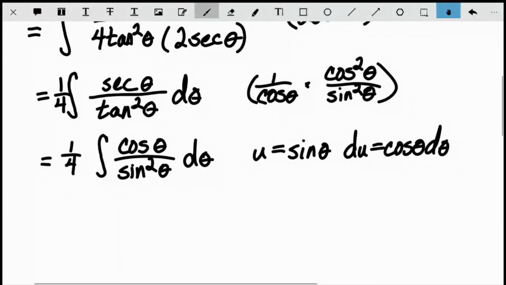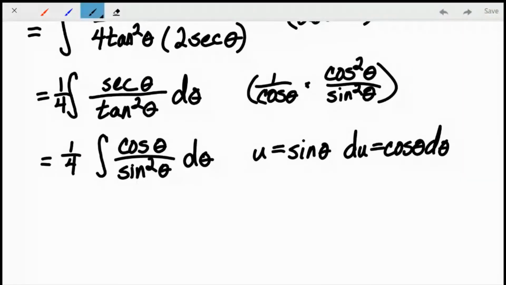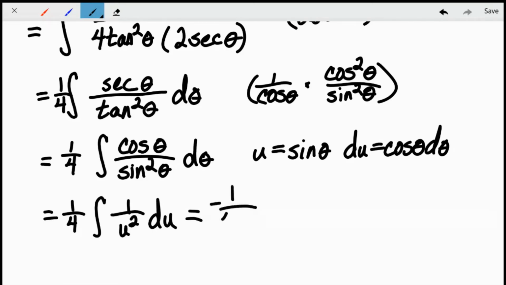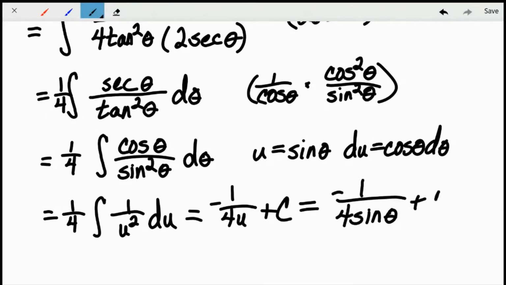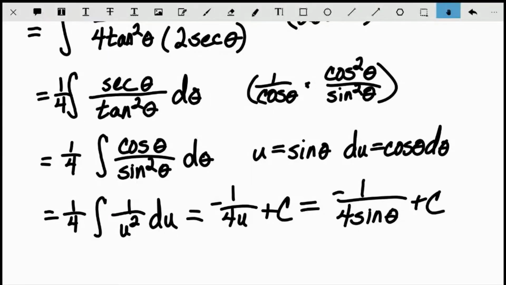So this whole integral turns into 1/4 times the integral of 1 over u squared du, which gives me negative 1 over 4u plus c. And if I back substitute the u, I get negative 1 over 4 sine theta plus c. I'm still not done, but I'm close.